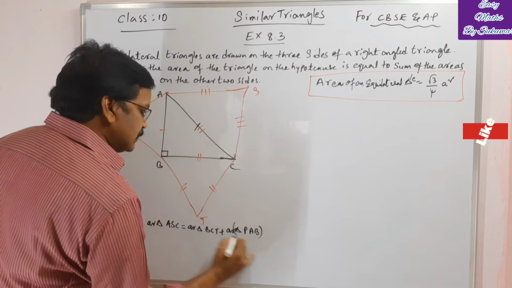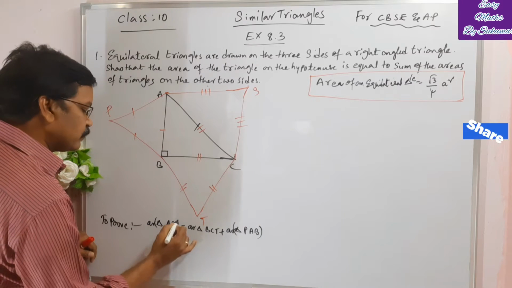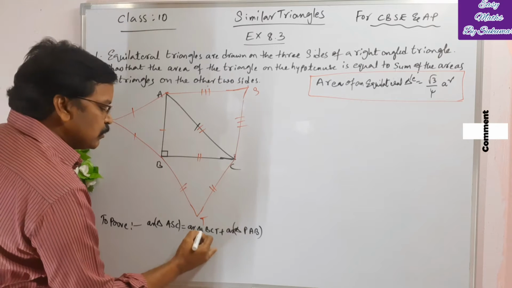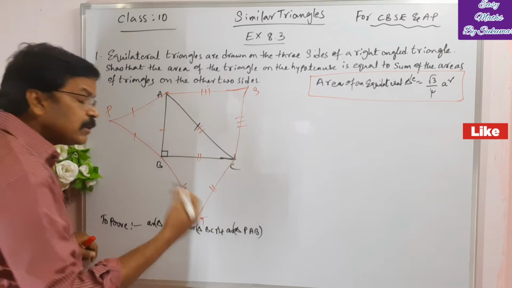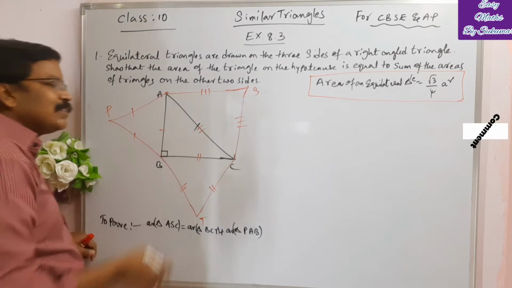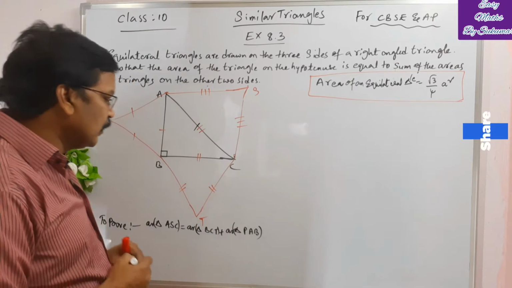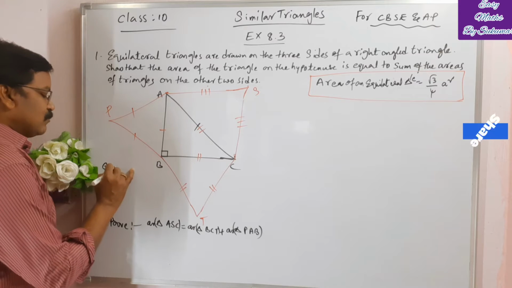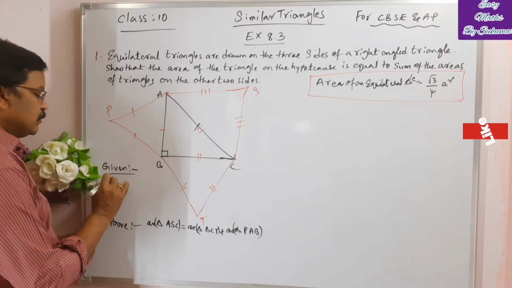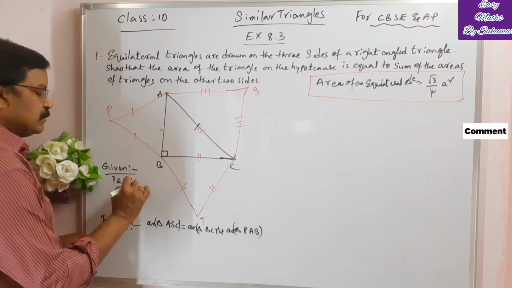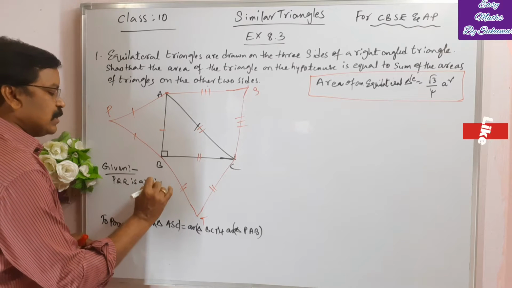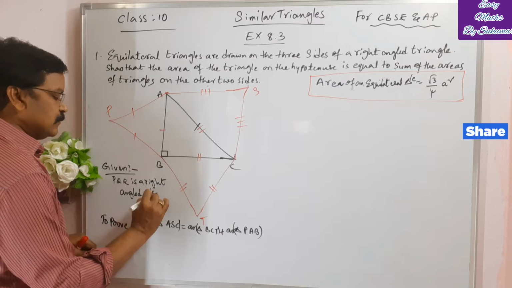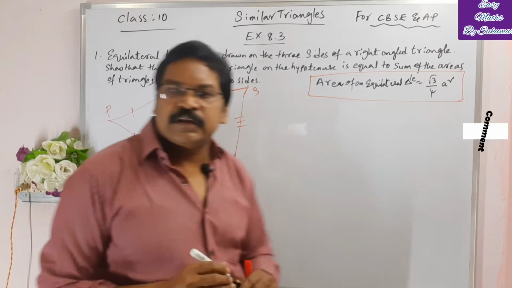That means the area of the triangle drawn on the hypotenuse is equal to the sum of the areas of the two triangles drawn on the other two sides. So we have to prove this one. I forgot to write, what is given? PQR is a right angled triangle.